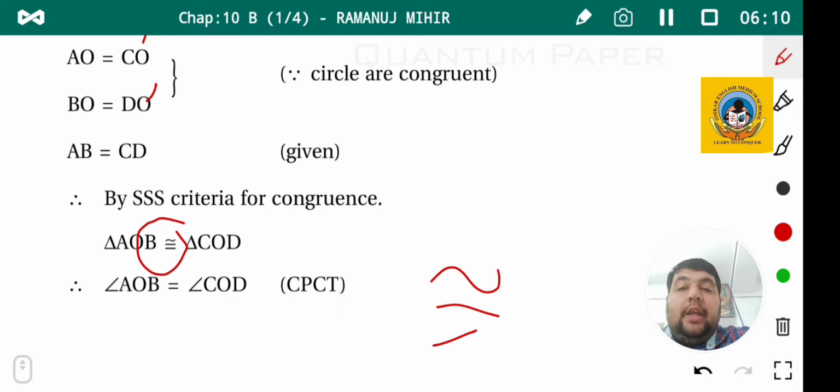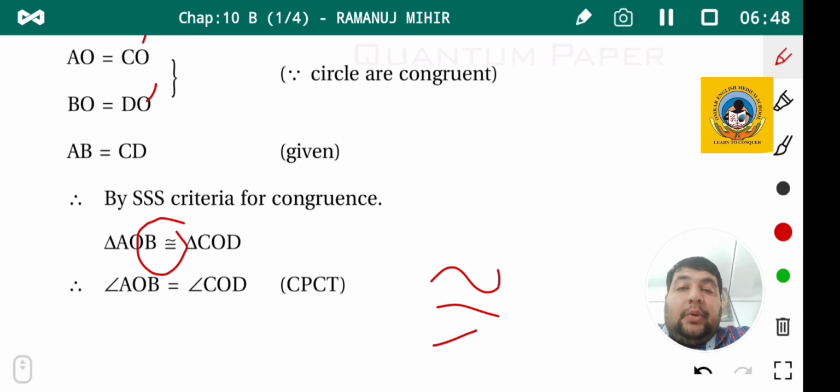So triangle AOB is congruent to triangle COD. What does it mean? Congruent means the corresponding sides and corresponding angles of both triangles are equal. The lengths of the sides and the values of the angles in both triangles are exactly the same, then you can write it is a congruent triangle. Okay, is it clear?